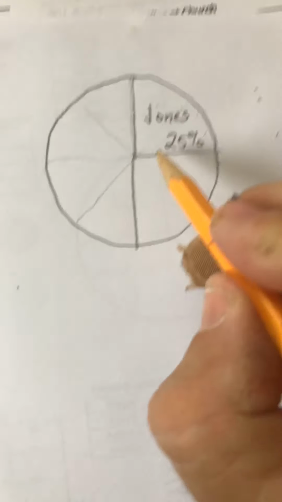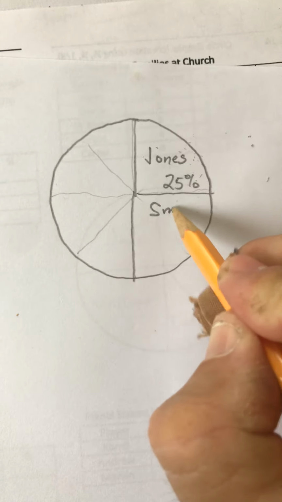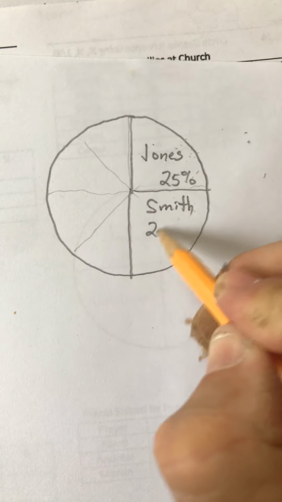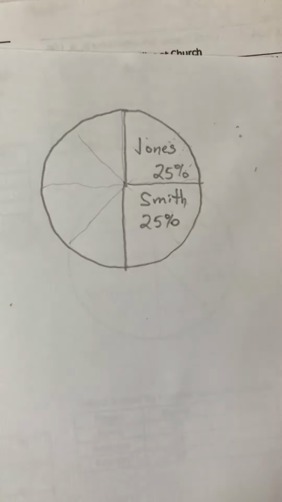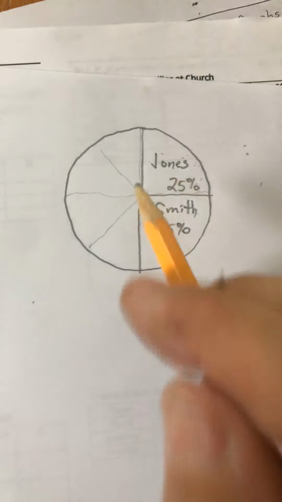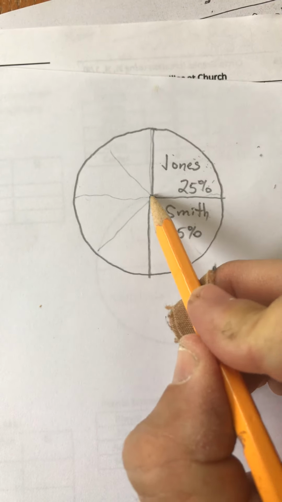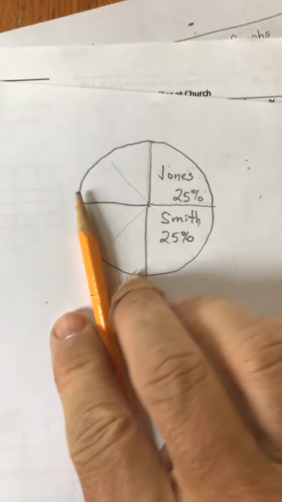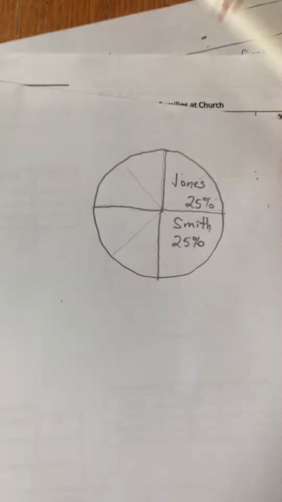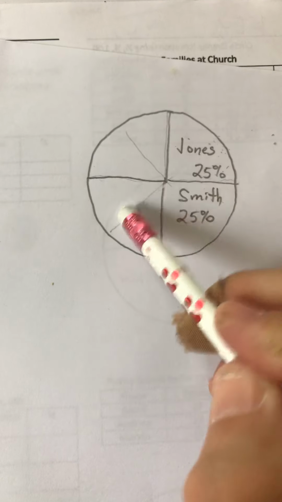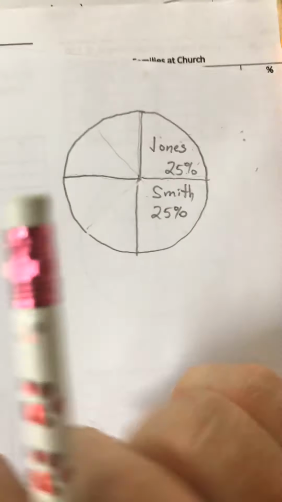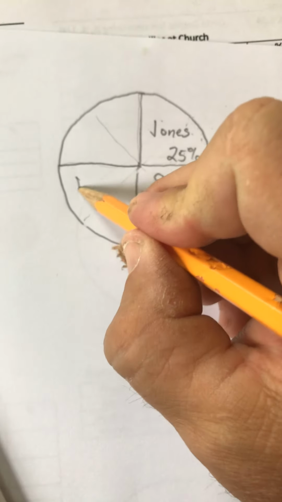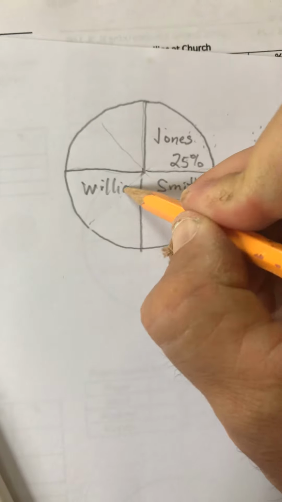This represents the Smith family, and they are also 25% of the whole. The Williams family is the same size, so we'll take the next 2 and give those to the Williams family. Again, we don't need that line in the middle, so we'll erase it. This section represents the Williams family, and they are also 25% of the whole.